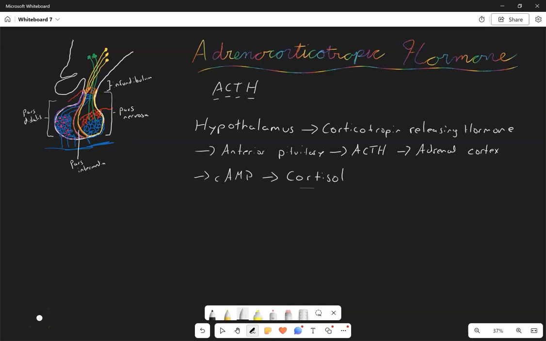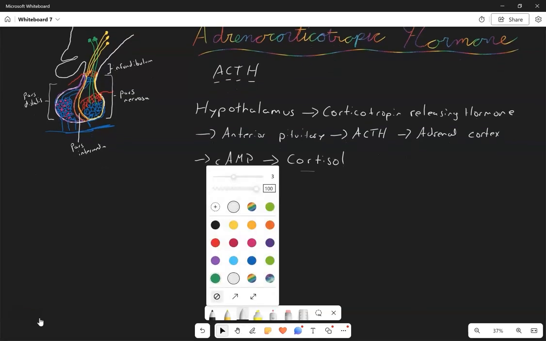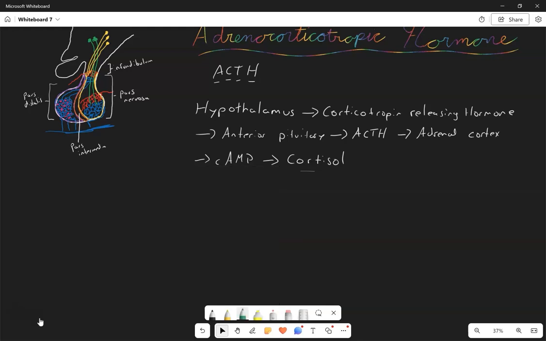Now, what's kind of cool about the adrenocorticotropic hormone is that it originates from a prohormone, a precursor to a hormone, known as pro-opiomelanocortin.